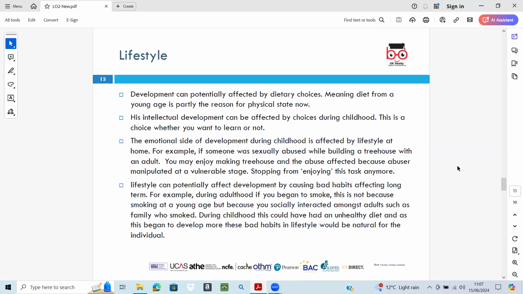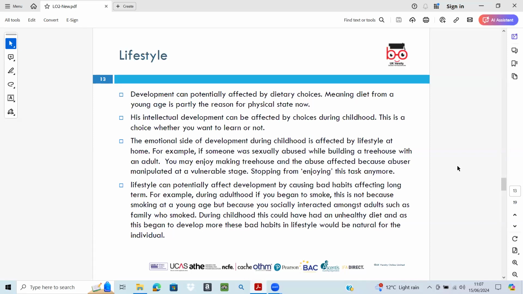So then we have to talk about, for example, the impact of dietary choices on physical development. We can say a child with a balanced and nutritious diet is more likely to experience optimal physical growth, immune system support, and overall health compared to a child with poor dietary habits.